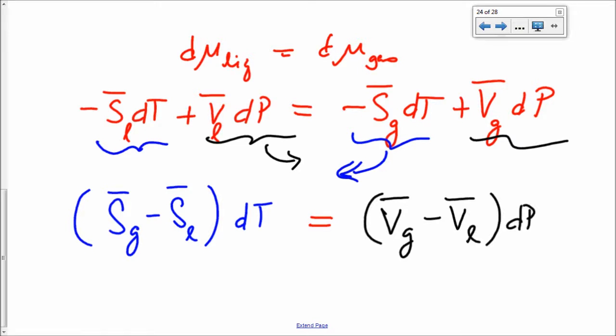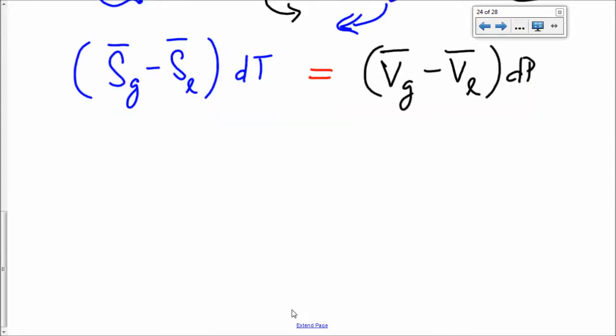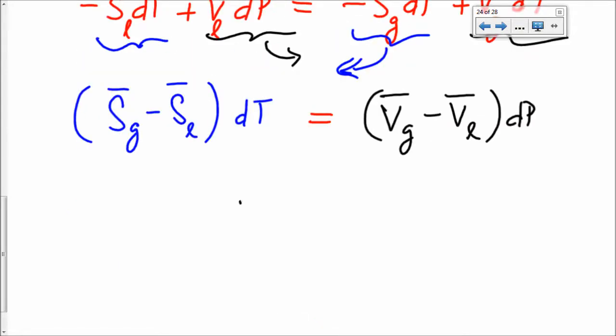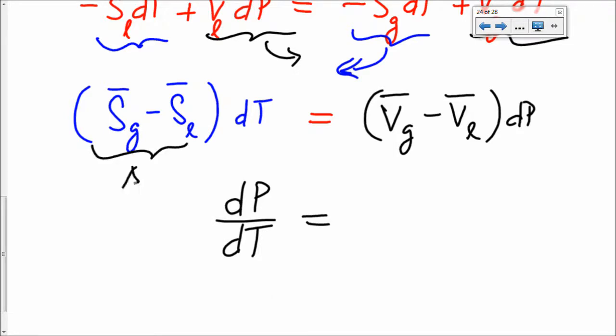And why am I doing this? Because now I can solve for dP/dT. That's the slope of my curve, the derivative of pressure with respect to temperature for the vapor pressure curve, the liquid-gas coexistence curve. What is this? This is just delta S for vaporization, per mole.